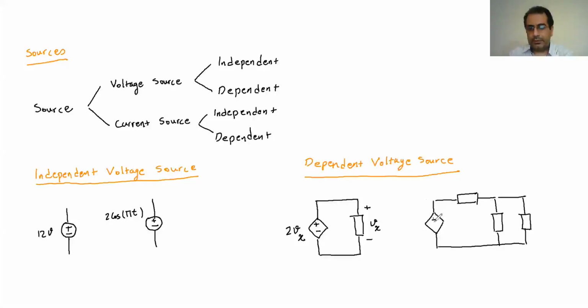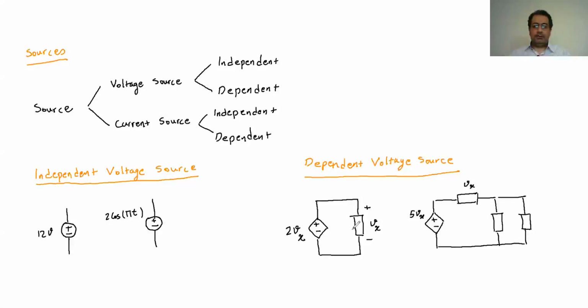It's going to be positive, negative. And this time, for example, assume this one is the Vx. And then this one is going to be 5Vx. So the value this one is going to provide you depends on the voltage value we have in this element. So it might depend on this one or any other element in the system.